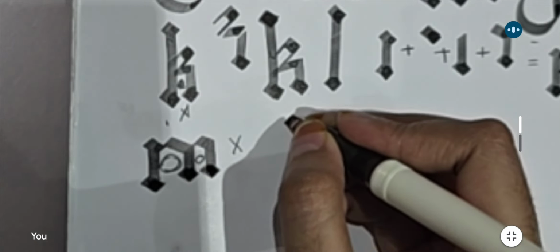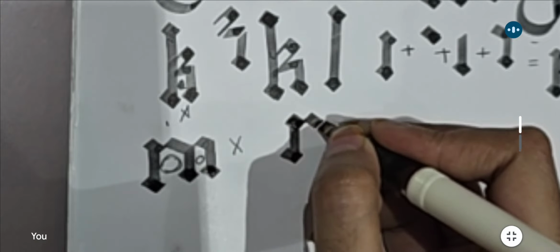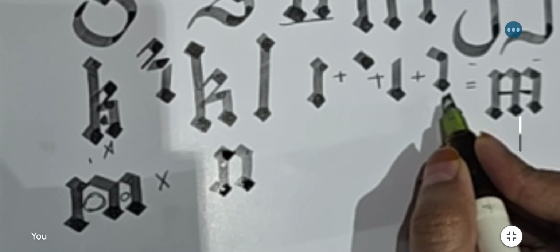Because in one part, we have a lot of space, but in the next one, it is quite congested. So you need to balance the space in between. And if you learn M, then N is very easy for you because we just have to eliminate one more stroke from M, and you will get your N.